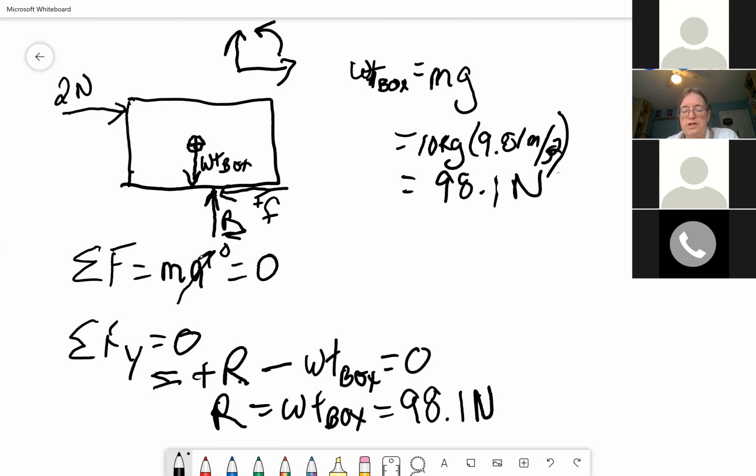In those situations, the sum of your forces in the y direction equals 0 because you're not going up or down. Got it. Which pretty much means the weight of the system is going to equal the reaction force underneath it, in most cases.